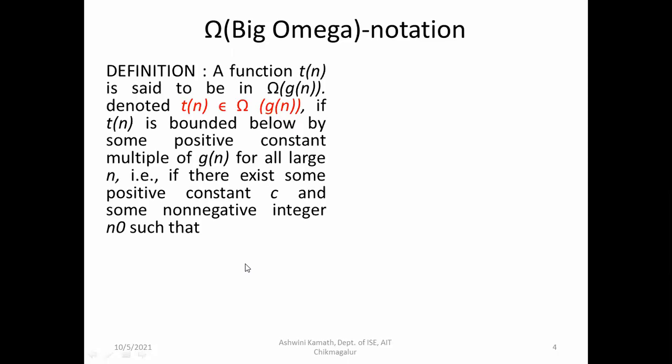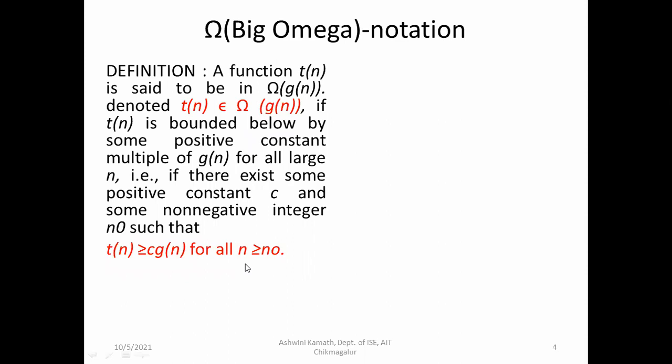The formal definition for big omega notation: a function T of n is said to be in omega of g of n, denoted T of n belongs to omega of g of n, if T of n is bounded below by some positive constant multiple of g of n for all large n. That is, if there exists some positive constant c and some non-negative integer n naught such that T of n is greater than or equal to c into g of n for all n greater than or equal to n naught.